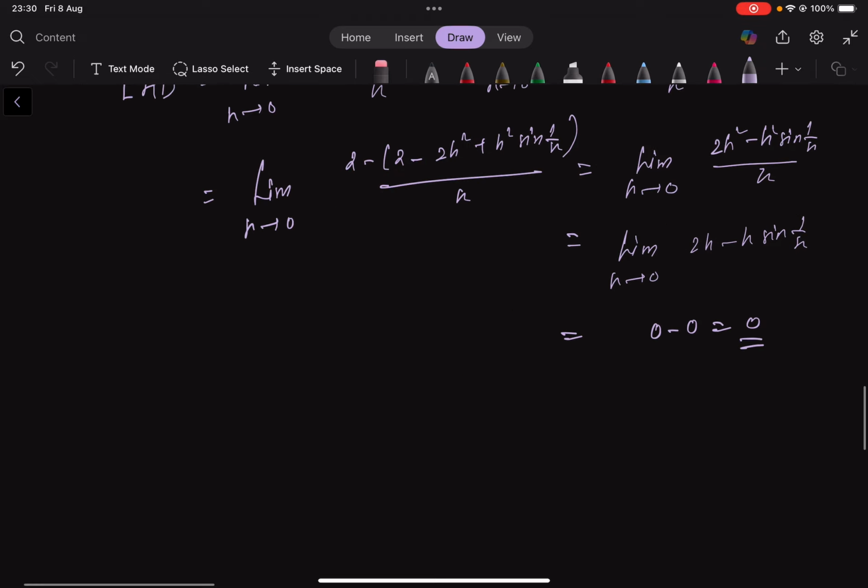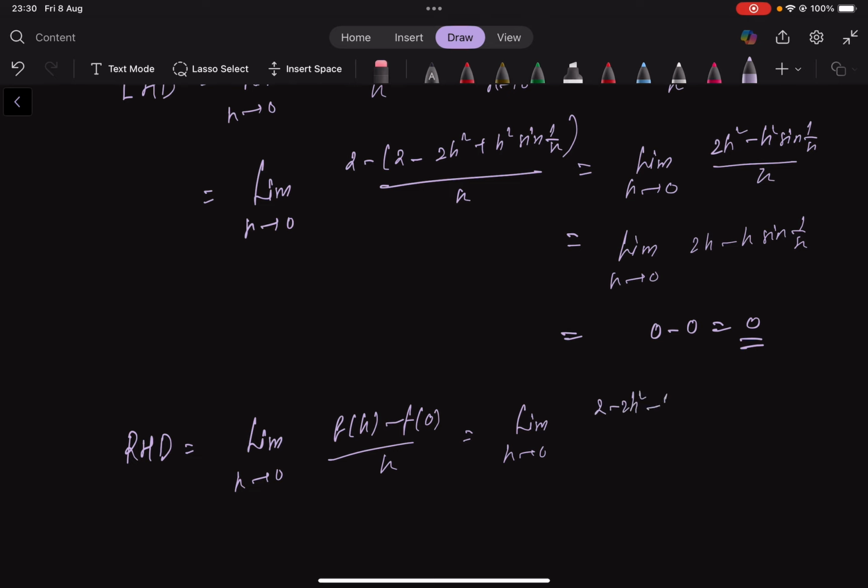In a similar way, if we observe the RHD, we get limit h tends to 0, f of h minus f of 0 by h. That is nothing but limit h tends to 0, 2 minus 2h square minus h square sine 1 by h minus 2, whole divided by h.